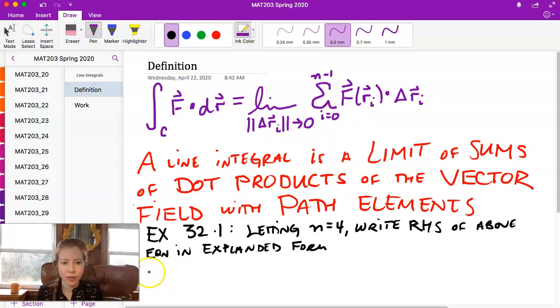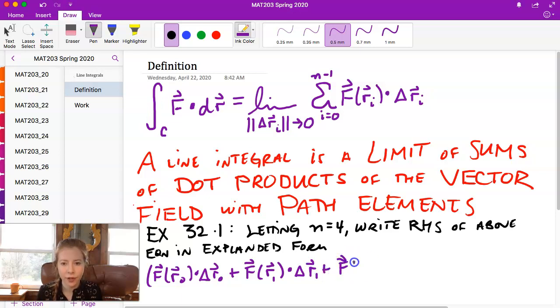It's going to be f at our initial position, so the field at our initial position, dotted with the size of our increment, so the distance we're moving, plus the field evaluated at position at time 1, dotted with our distance increment, plus f at our second position, dotted with our increment again.